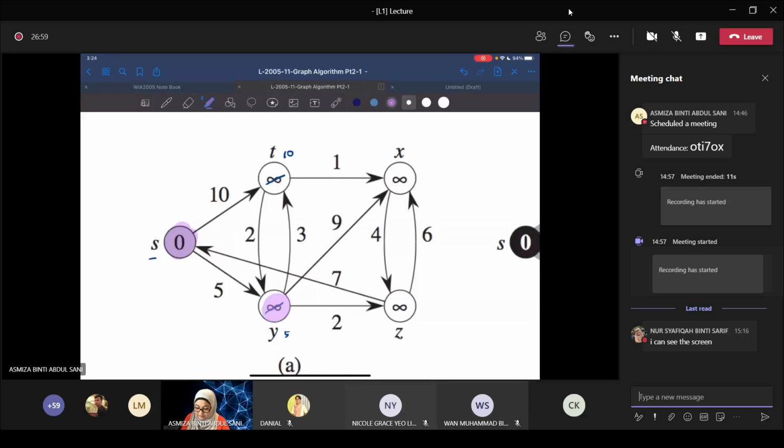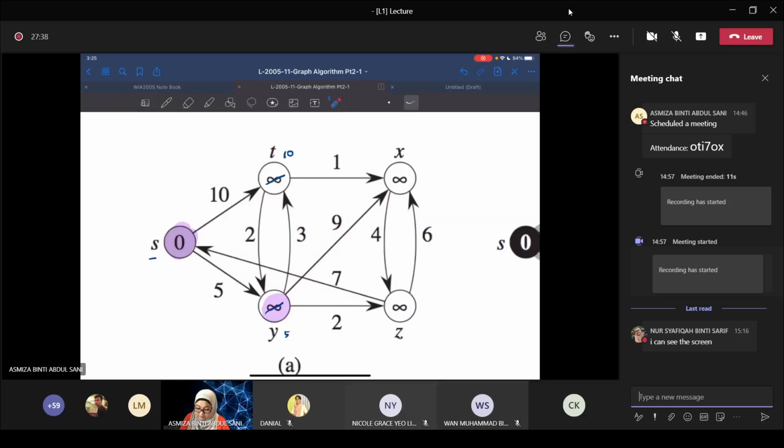In this case, the smallest one would be 5, so we are going to process node Y next. We can see that the edges coming out from Y would be going to T, going to X, and going to Z, right? Therefore, we can update the distances of these connected nodes. Let's try to do the relaxation. For T, we add 5 with 3, which is 8.